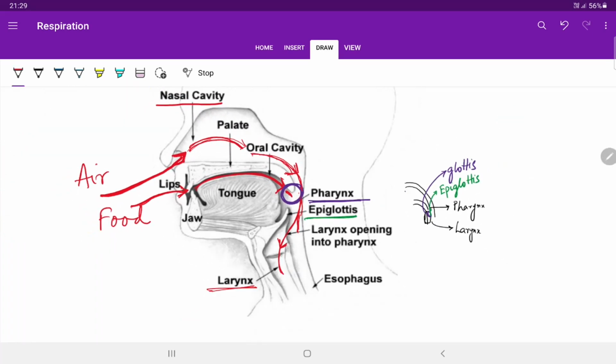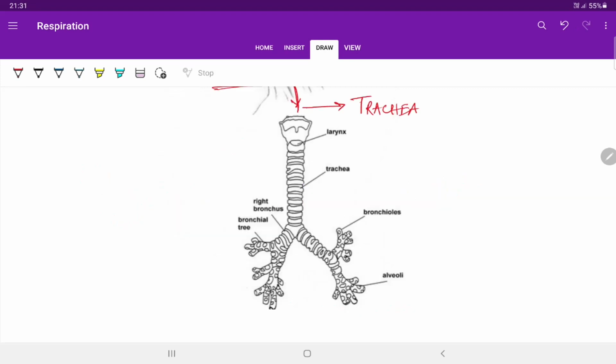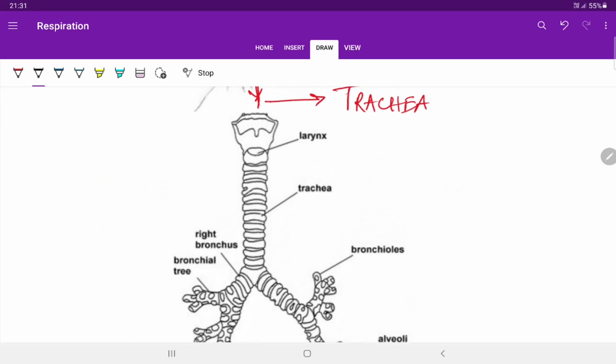The nasal passage extends down through the larynx into the cartilaginous tube-like structure which is called the trachea. This is the trachea. As you can see, the trachea is a muscular tube which continues from the larynx.